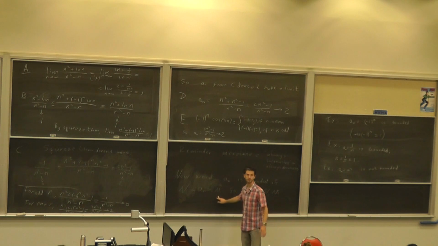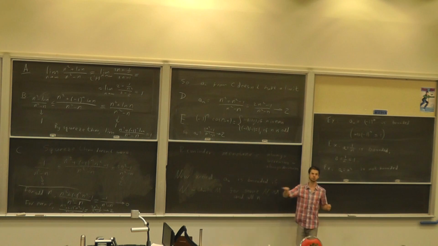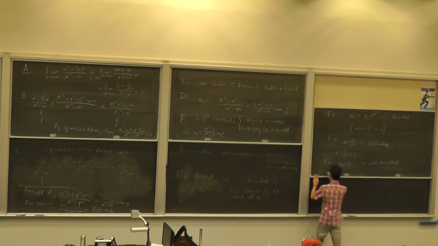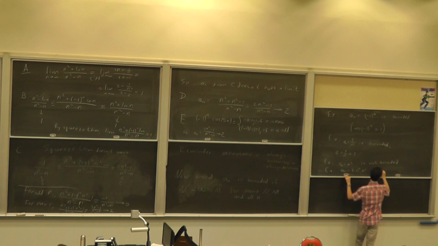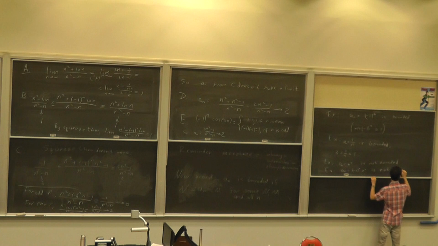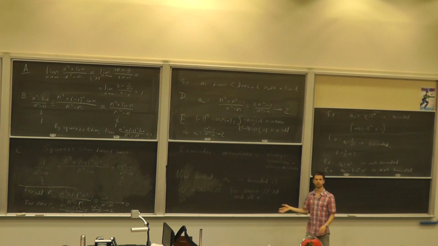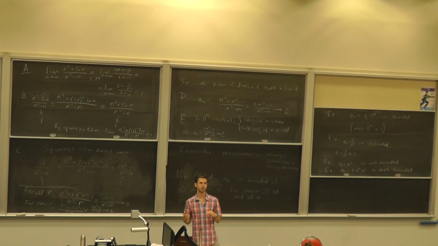But not from above. Being not bounded basically means the sequence escapes to infinity in one of the two directions, either positive infinity or negative infinity, or sometimes both. So another example: plus even squares or minus odd squares.